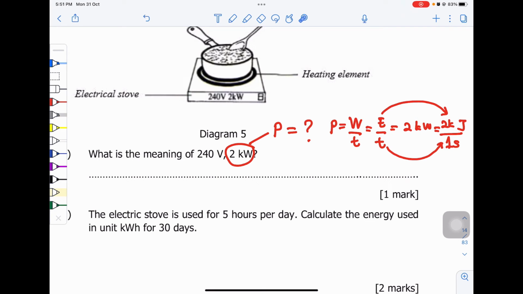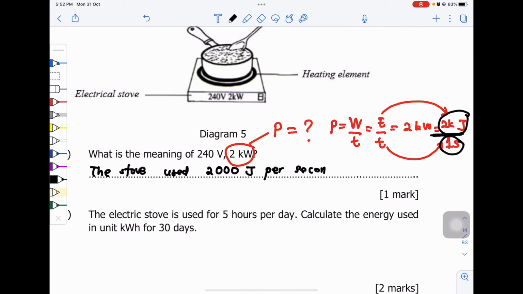Alright, so your answer would be: the electrical stove used 2000 joule. But don't forget there is the per below. Per what? Per second, 1 second, of what?